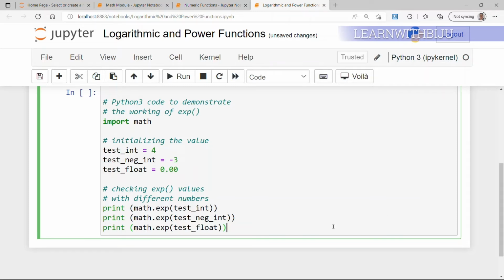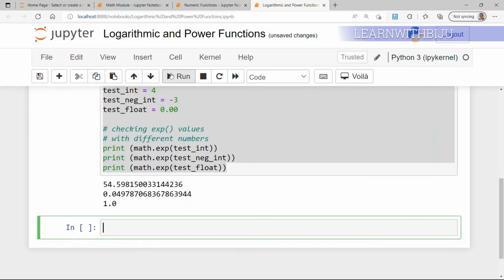First of all, we'll import math. Then we have different variables like int, negative int, float. So first we will see what is the exponential of 4 and minus 3 and 0. Let me run this program.